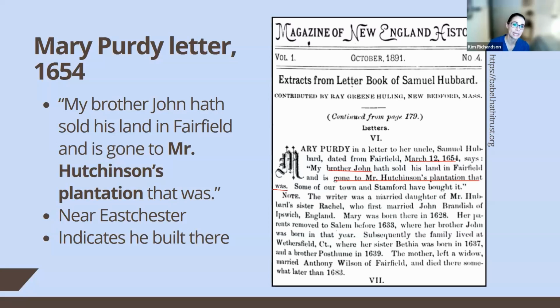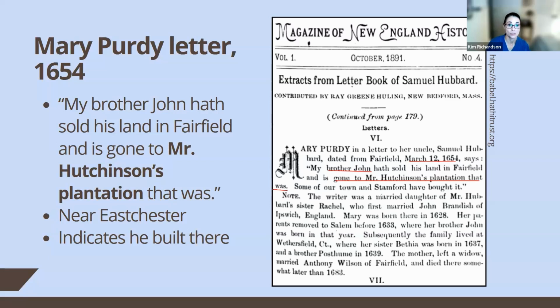And then there's a letter that was written in 1654 by someone named Mary Purdy. She is writing to her uncle. And all we have is this transcript of this letter that's left. But I'm thankful to have this.